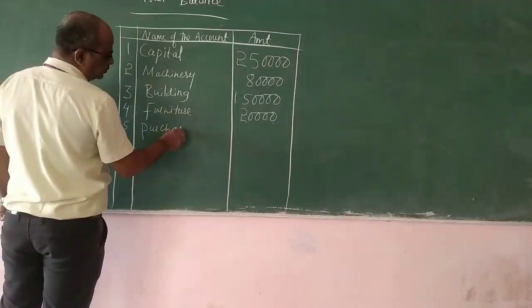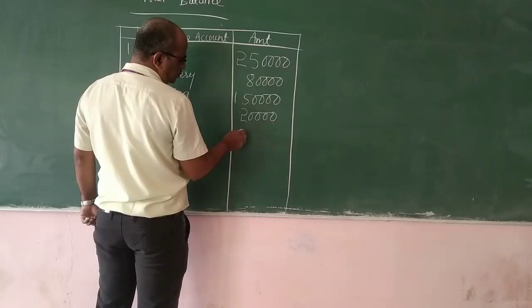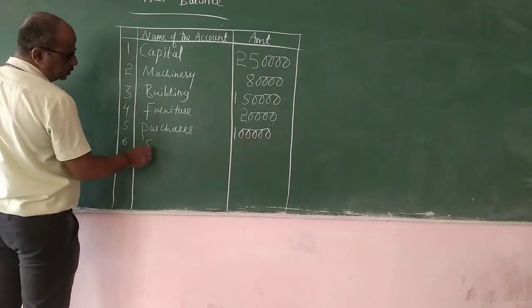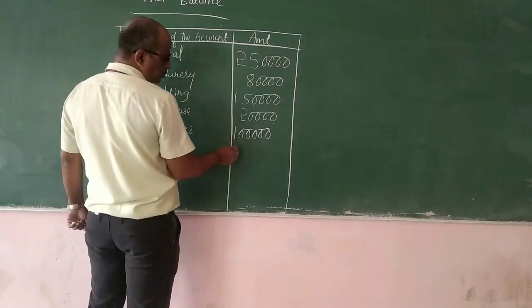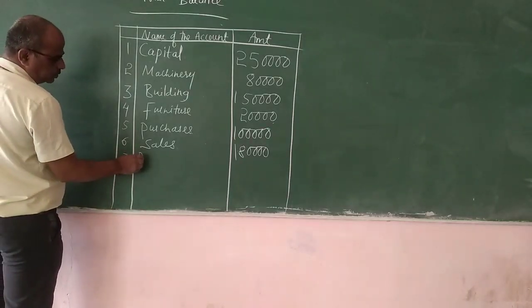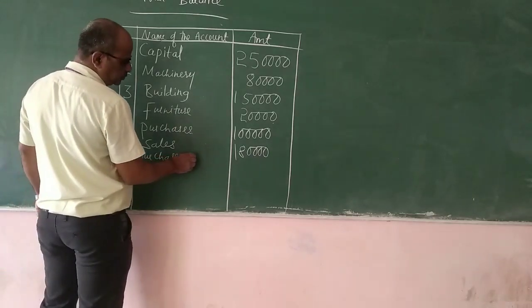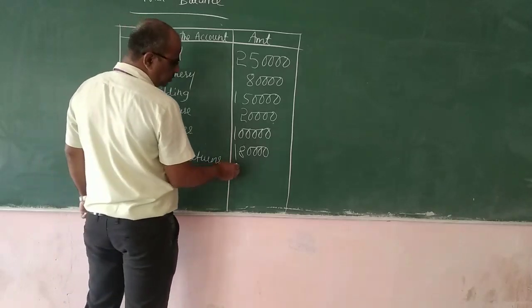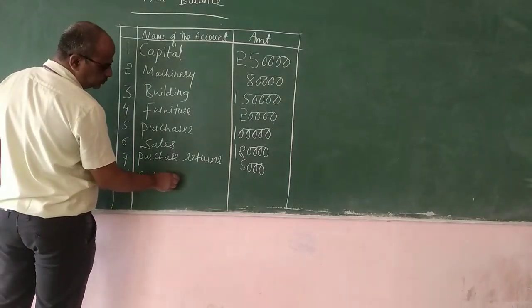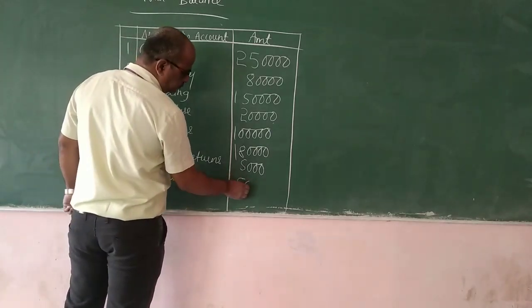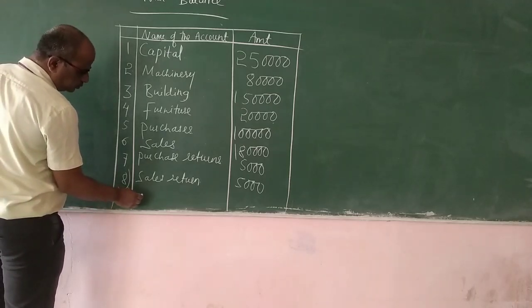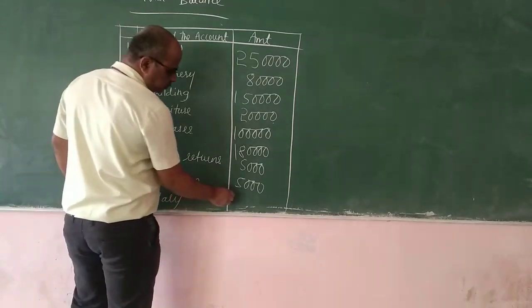Purchases 1 lakh. Sales 1,80,000. Purchase returns 5,000. Sales return 5,000. Salary 30,000.